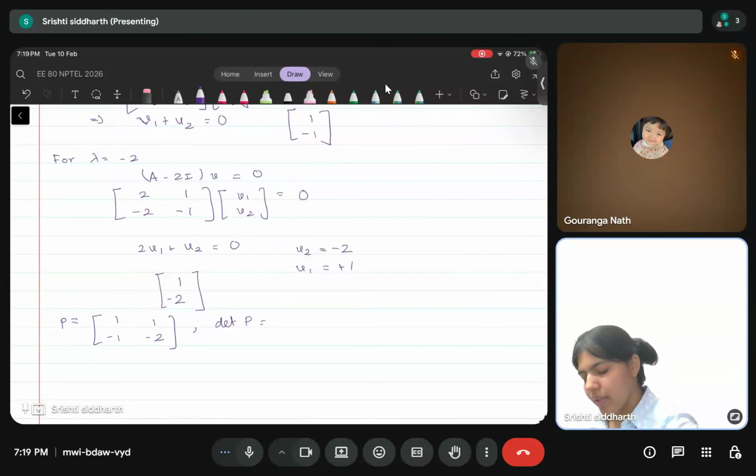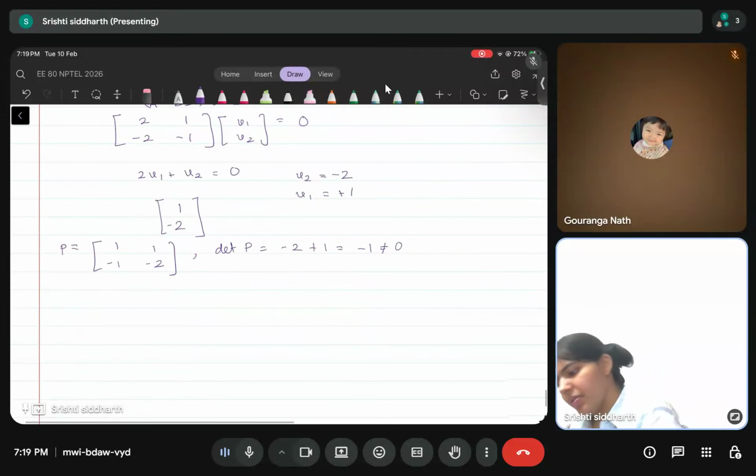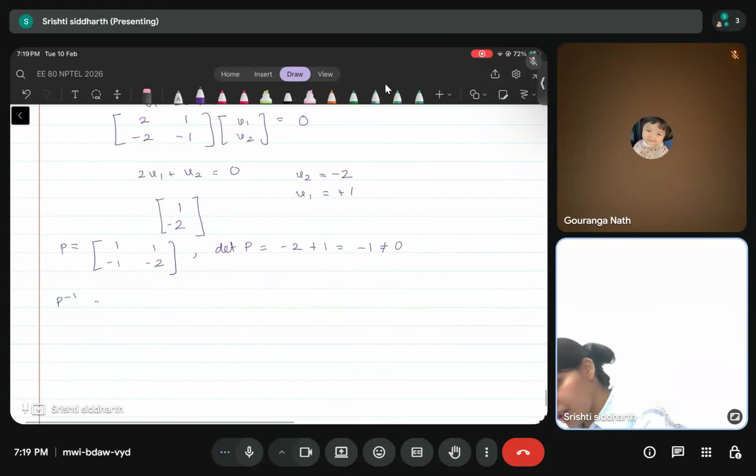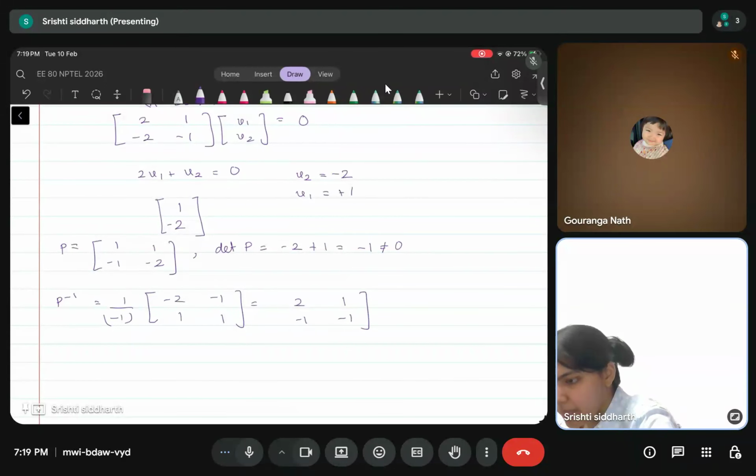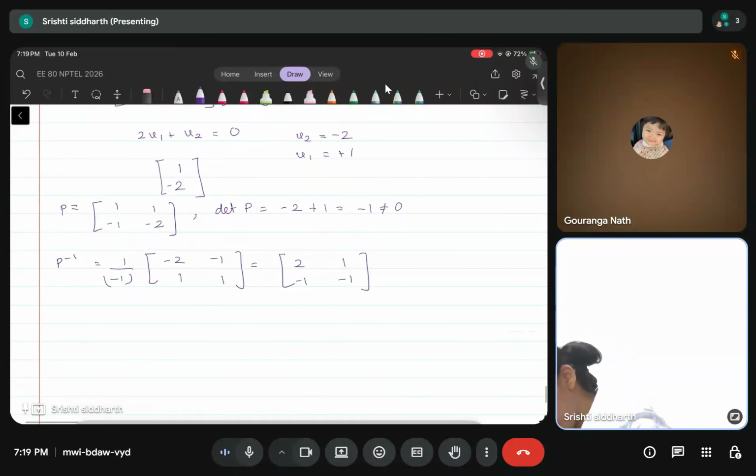So let's check if this matrix is invertible. The determinant is minus 2 plus 1, which is minus 1. So P is invertible, and P inverse is 1 upon minus 1 times [minus 2, minus 1; 1, 1], which is simply [2, 1; minus 1, minus 1]. Now let's compute e to the power At.